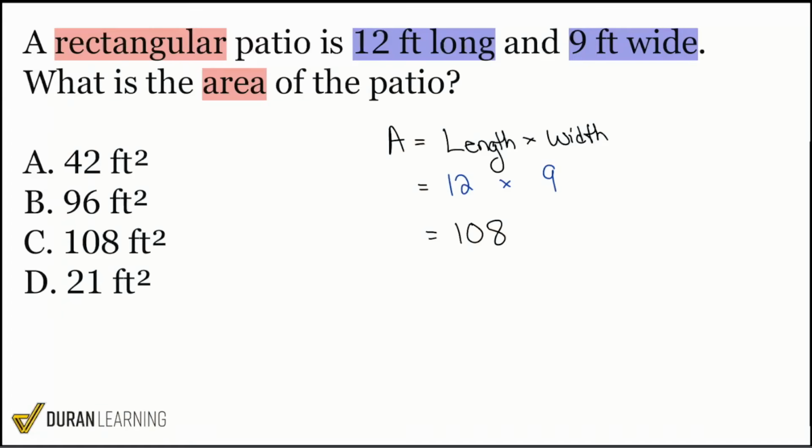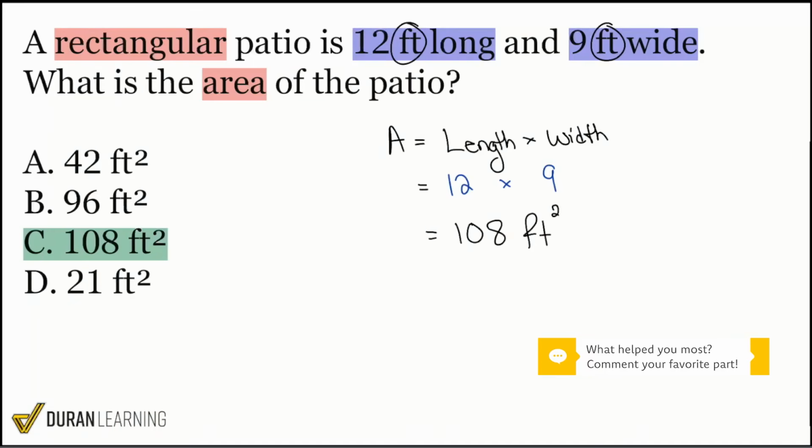Now, don't forget, when we are dealing with area, those are square units because we have feet multiplied by feet. That'll make this 108 feet squared or square feet, whichever preference you have. But nonetheless, that makes the correct answer here. Answer choice C, 108 square feet.